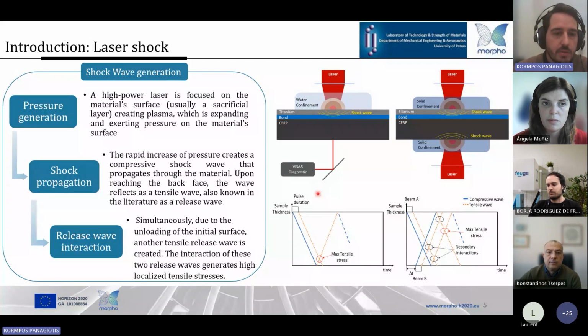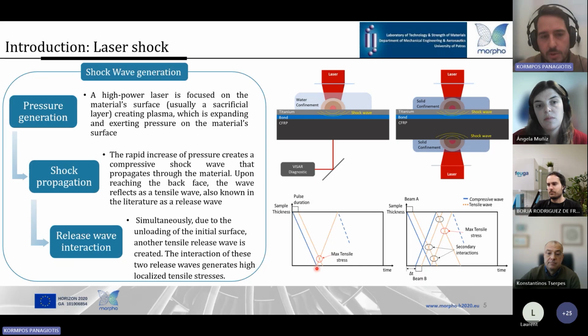Now, this rapid increase in pressure creates a compressive shock wave that travels inside the material, and upon reaching its back face, the opposite surface, it reflects back as a tensile wave, also called the release wave in the literature. At the same time, due to the surface unloading on the top surface, another release wave is propagating inside the material.